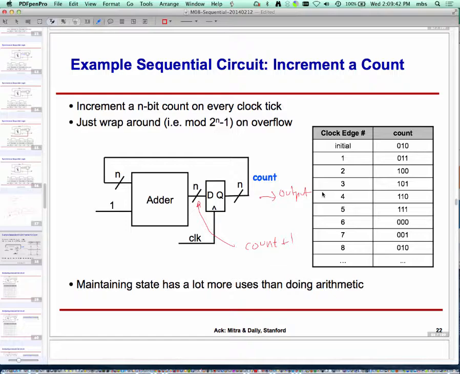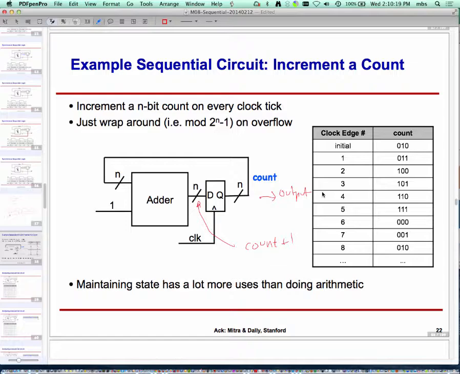So in general, given a problem, the output would require some knowledge of the history, and the art of designing sequential systems boils down to what is the history, what is the information from the past that you need to remember, because in the worst case you can say, hey, I need to remember everything about the past, okay, but that can result in infinite state and is usually not required. So given the problem specification, you have to figure out what's the minimum state that I can get away with.